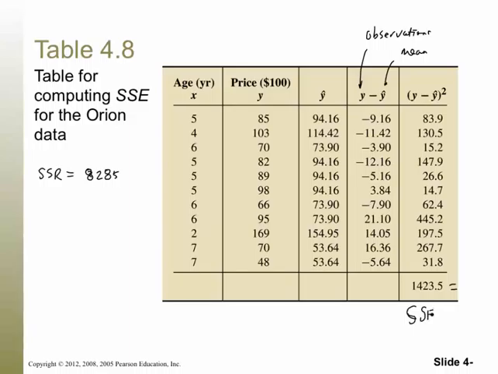Professor, is it the mean? It's not the mean, is it? No, you're right. Sorry, that's the regression. This is the predicted value from the regression. Thank you. Right. So the difference between the observation and the predicted value from the regression is the SSE.